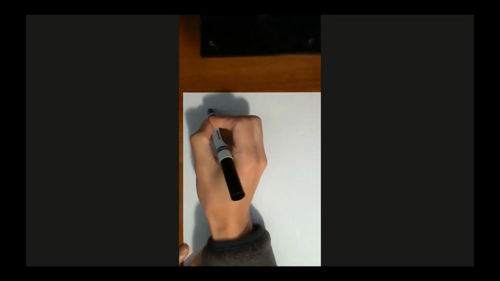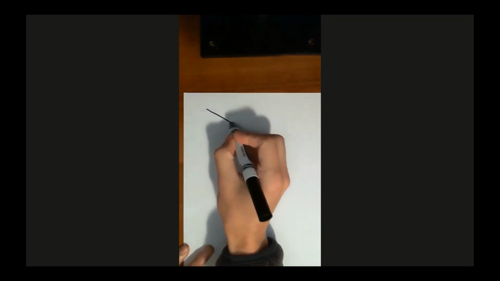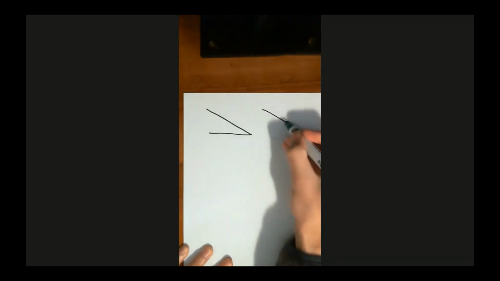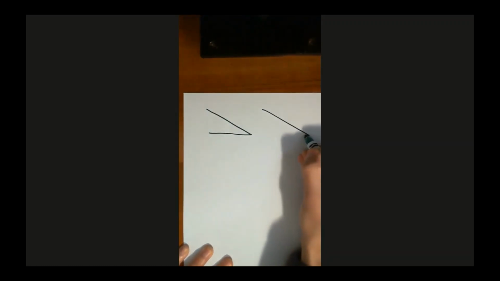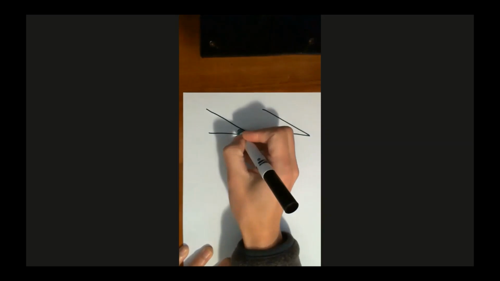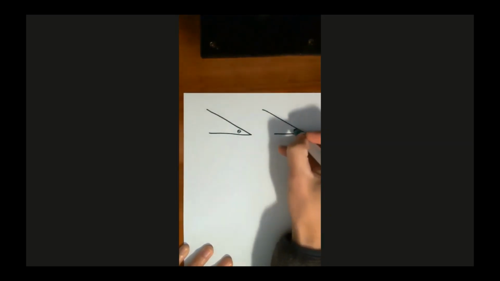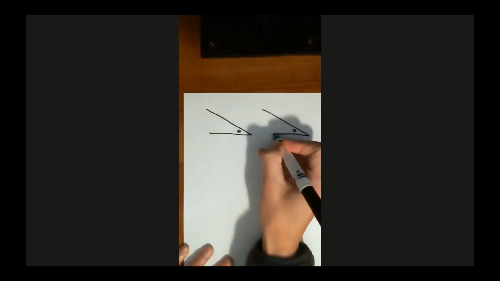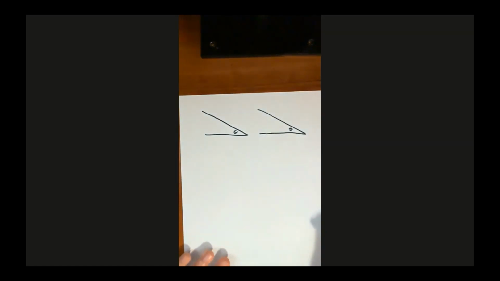Let's think about 2 identical ramps. Here's a ramp, and here's a ramp. So this angle, whatever it is, theta, is equal to this angle, theta, and they're totally identical ramps.